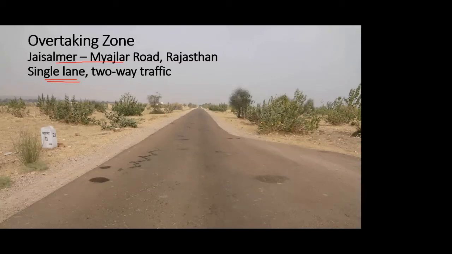Far away you cannot see any settlement whatsoever. It's a desert road, so there is actually no need for a two-lane road. Only military traffic and the traffic of a few villages located on this path use this road. So they have given a single lane road, but the traffic on it is two-way. Though it's single lane, it's not single way traffic, it's two-way traffic.